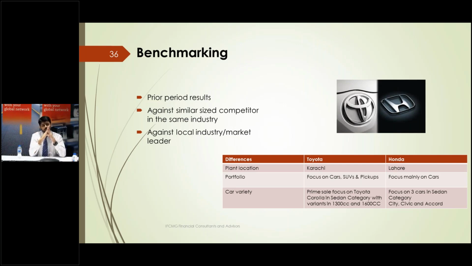In the case of Toyota, I had discussed briefly in the cost of sales section that the plant of Toyota is located in Karachi and Honda is located in Lahore, and this gives way to differences from a cost of sales perspective. Why? Because Karachi is the port city, so bringing goods directly to the port and to the site of Toyota would be cheaper than bringing the goods halfway up to Lahore.